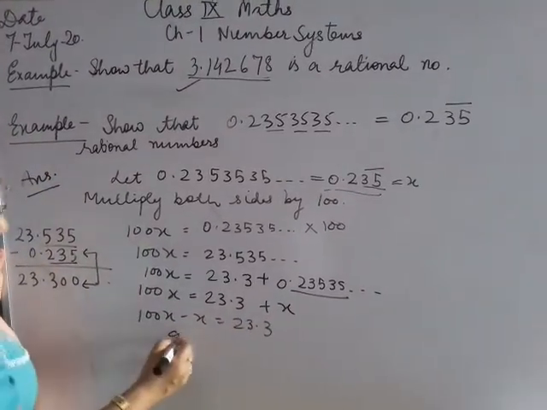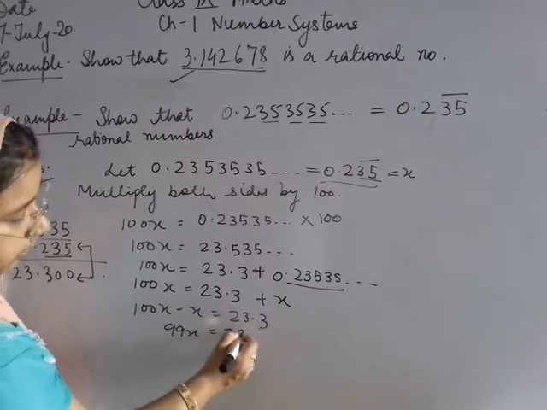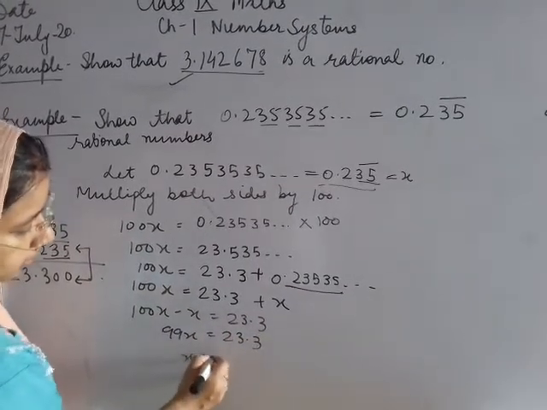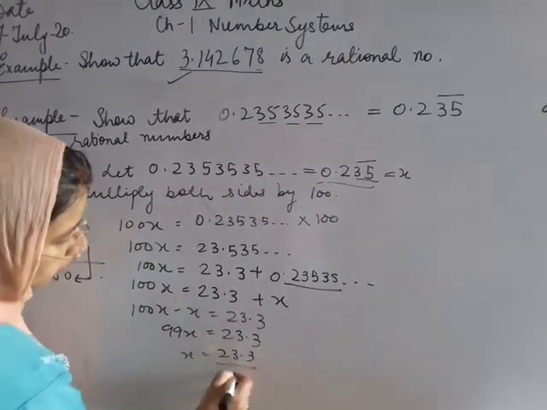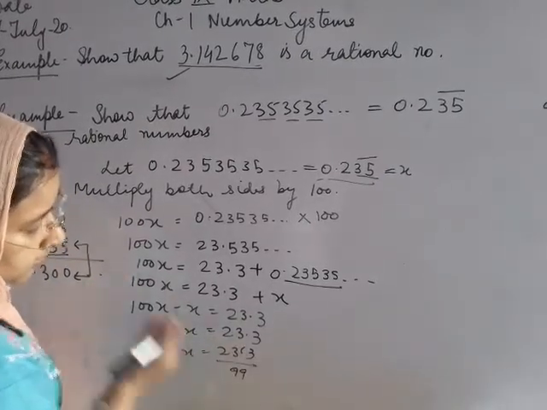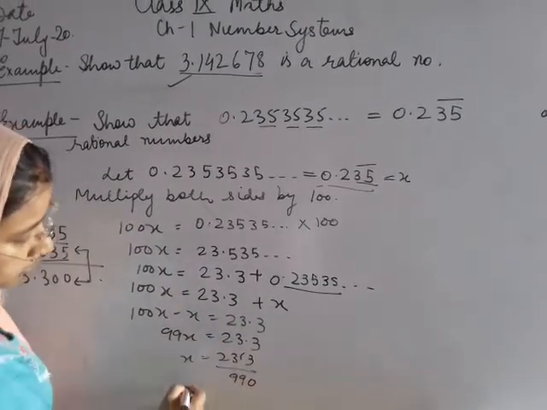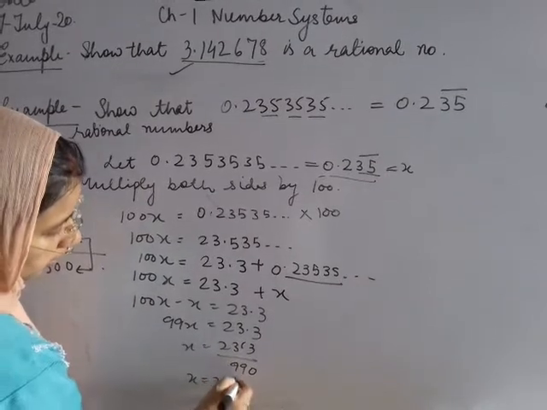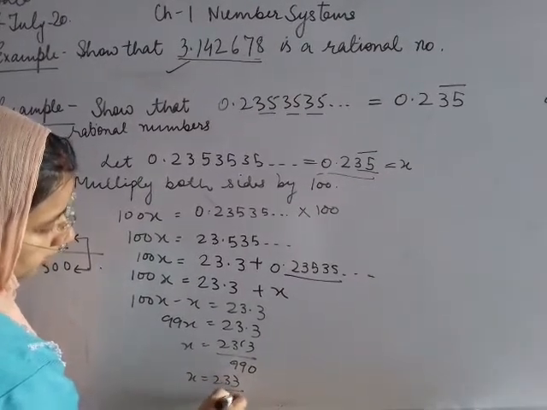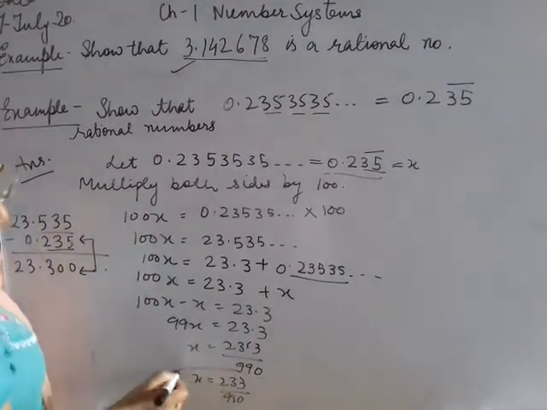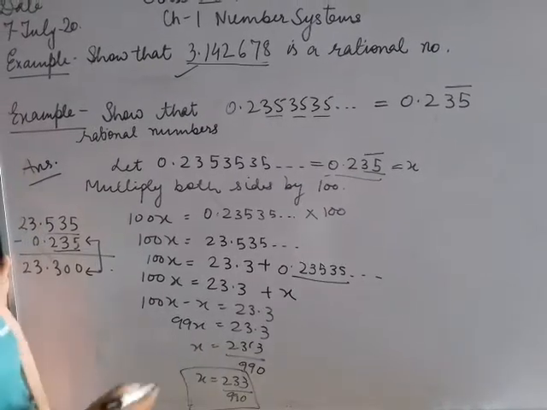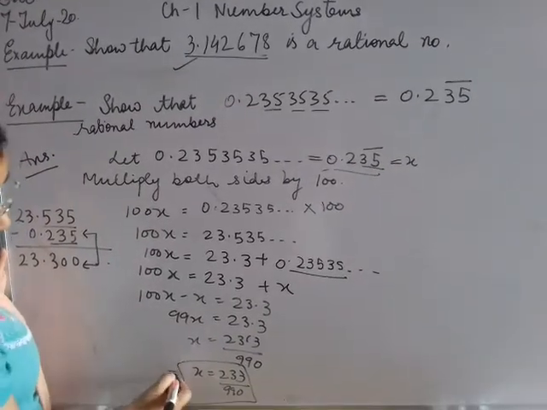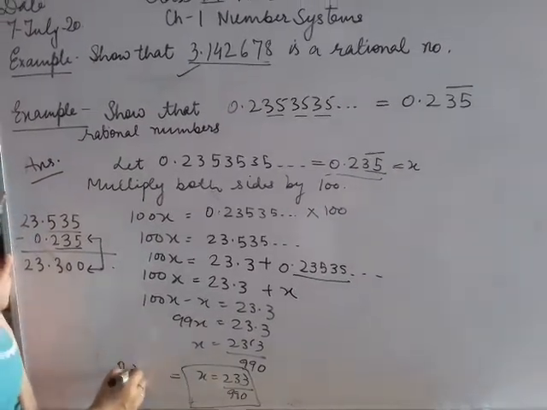Okay. Now 99x is equal to 23.3. x is equal to 23.3 upon 99. Removing this decimal, we have x is equal to 233 upon 990. Okay, if these are reducible to the smallest digits, you have to reduce it. If not, then there is no problem.